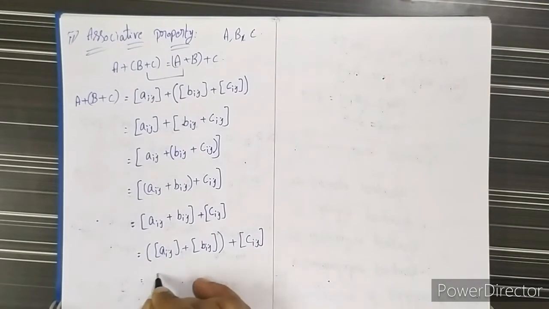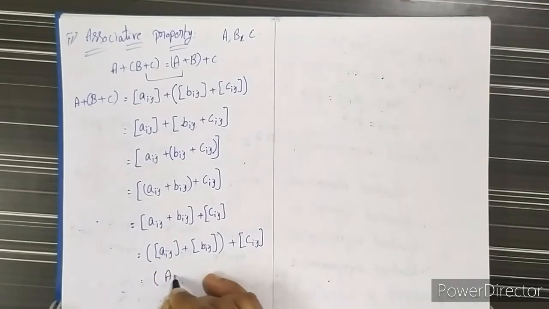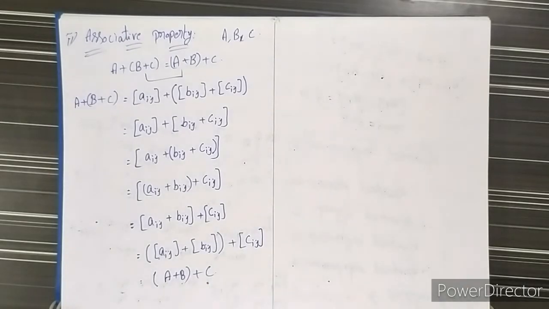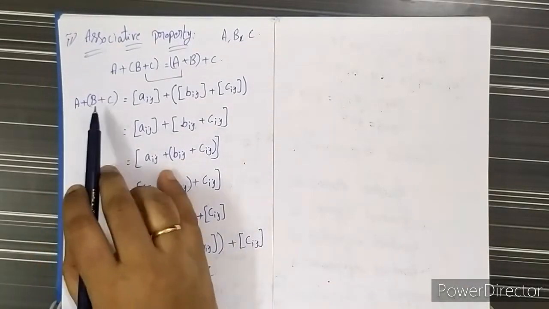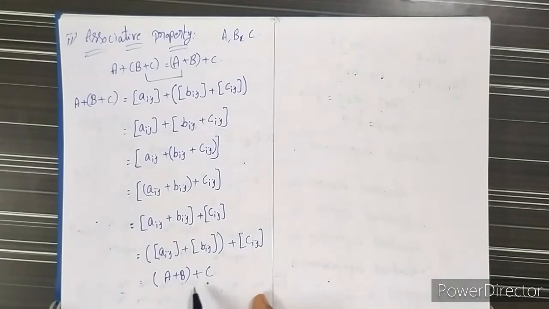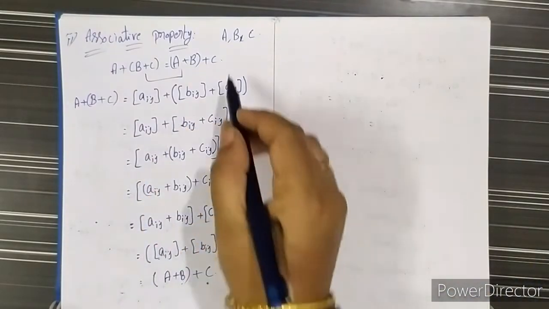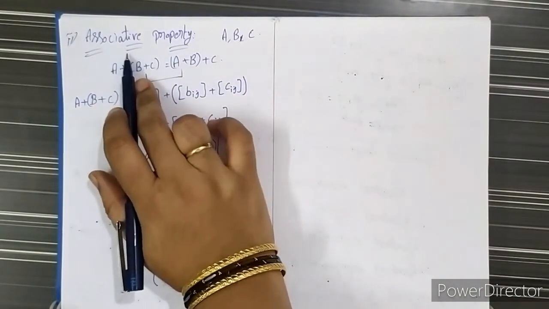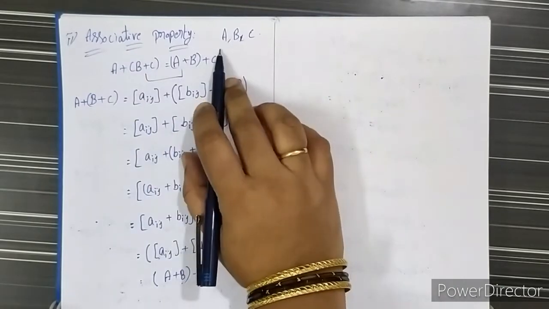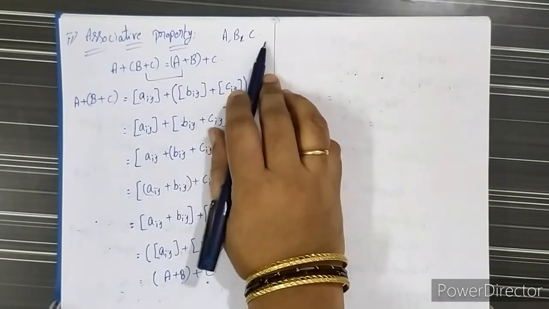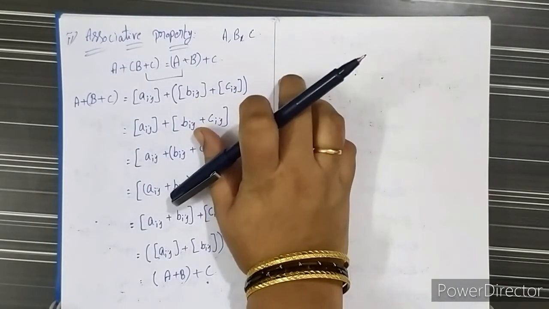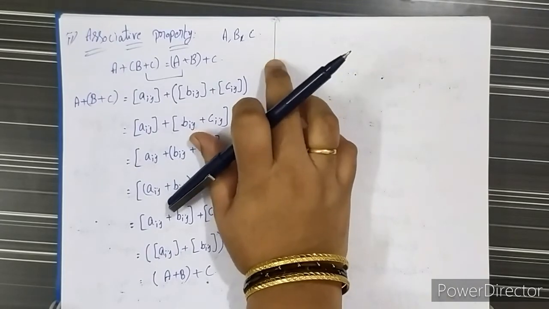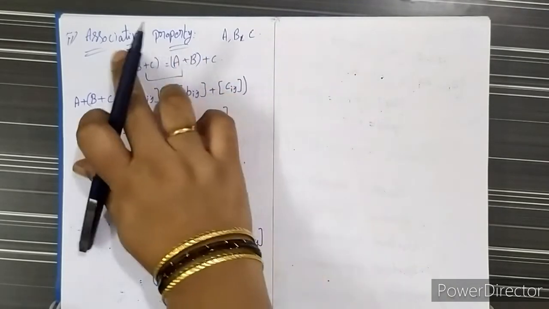Then this is equal to (A plus B) plus C. We can easily prove A plus (B plus C) is equal to (A plus B) plus C. Then the addition of matrices is associative. That means if A, B, C are any three matrices of the same order, then the addition of matrices is associative.